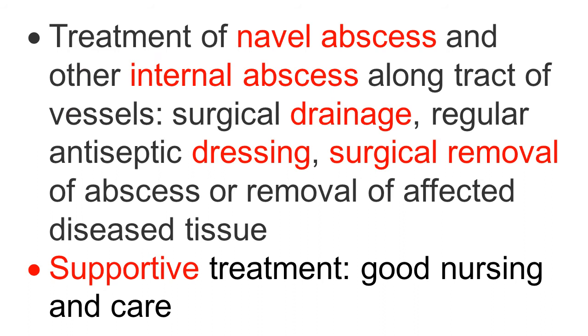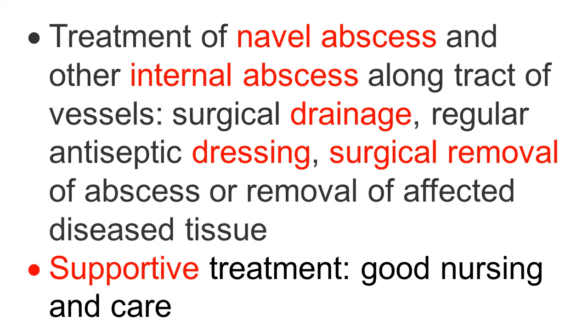In the treatment of navel ill, local treatment is given, and navel abscess and other internal abscesses along the track of the vessels, umbilical vein, umbilical artery, and urachus, also need to be treated.